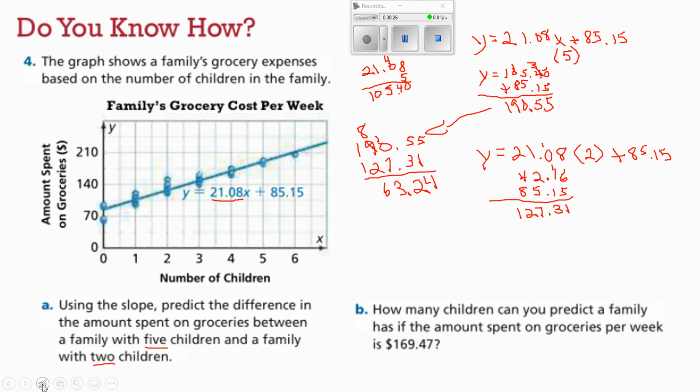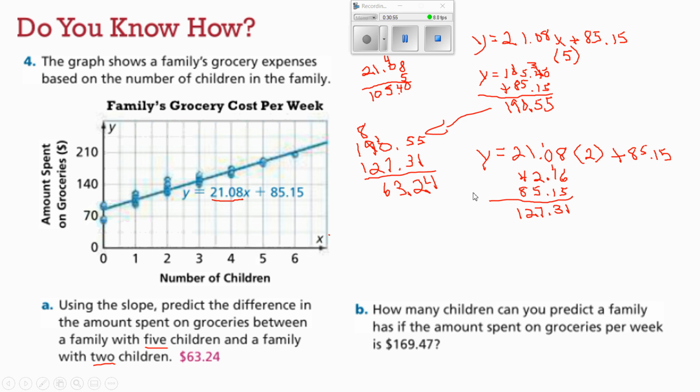You're probably thinking now, thanks a lot, Mr. Mendes. That would have been a lot easier. But as I said, I'm trying to show you the way they want you to. So the answer to this one would have been $63.24.